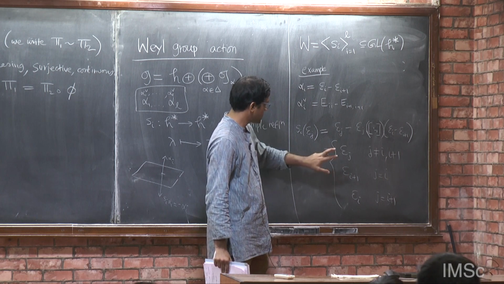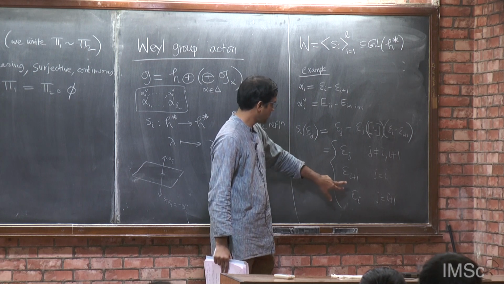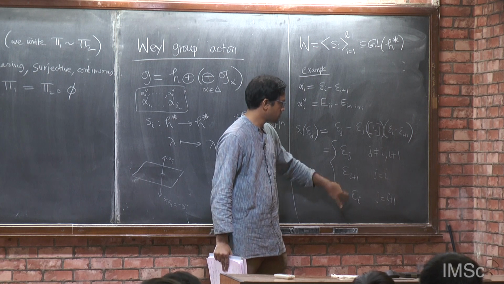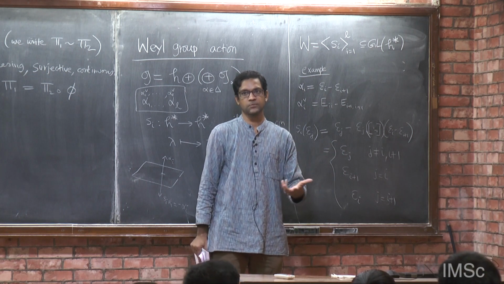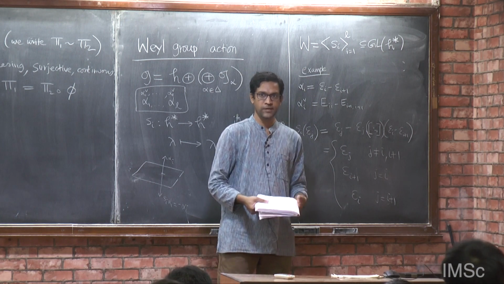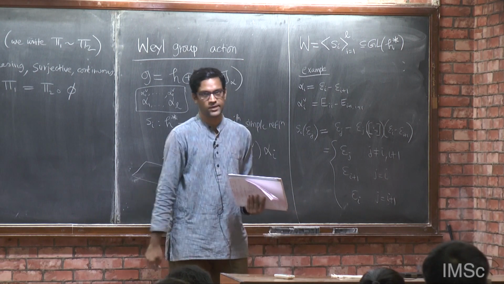It's just a simple transposition. It interchanges i and i plus 1. Epsilon_i goes to epsilon_{i+1}, epsilon_{i+1} goes to epsilon_i, and all the others are left unchanged. So in this case the Weyl group is just a symmetric group, with the simple reflection acting as the ith simple transposition.